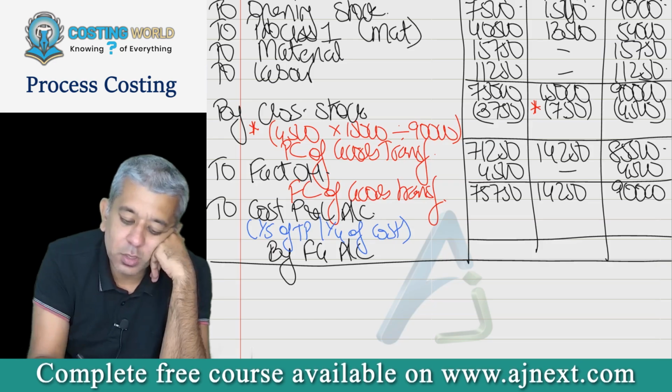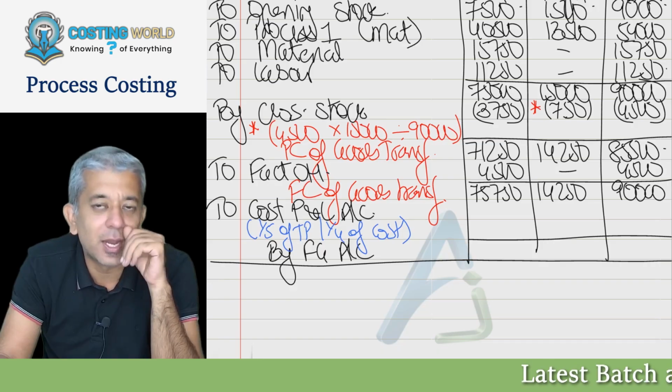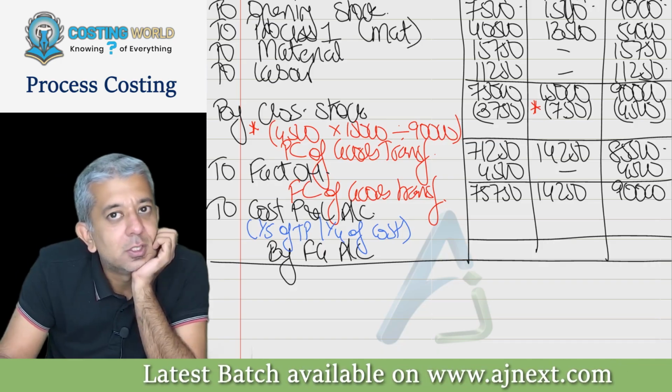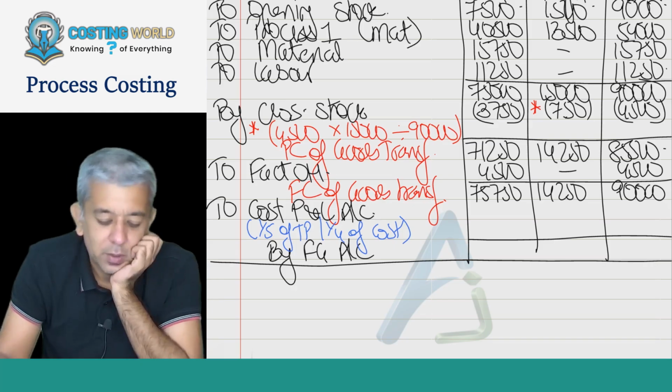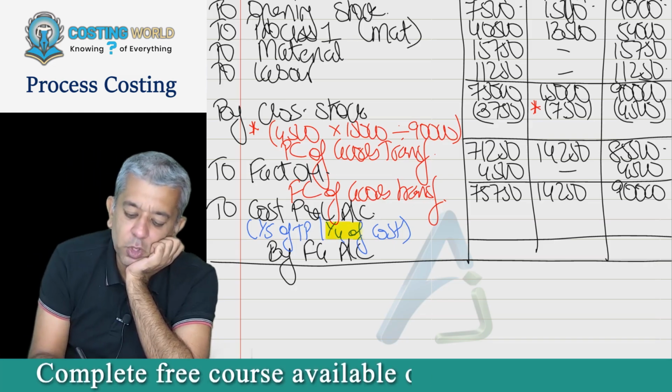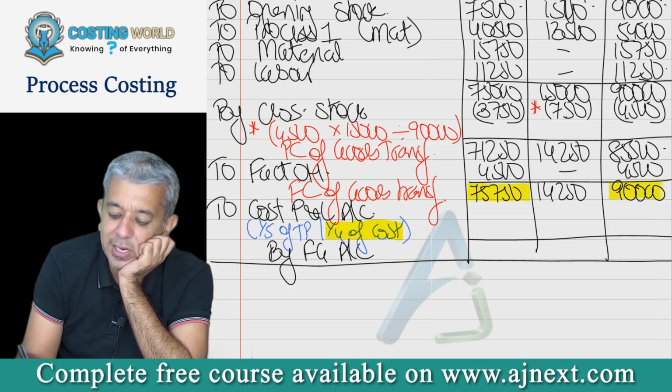You have given me 2 or 3 different answers. Everybody speak their answer once. What should be the answer? 22,500. Okay. You tell me one thing, 1/4 of cost. Should cost be 75,750 or 90,000?